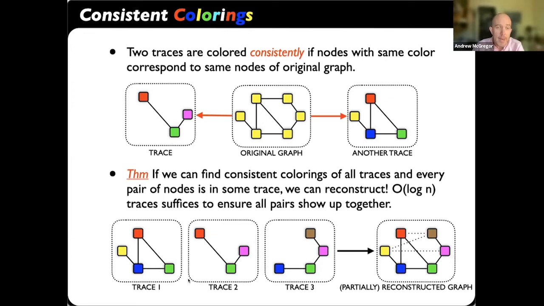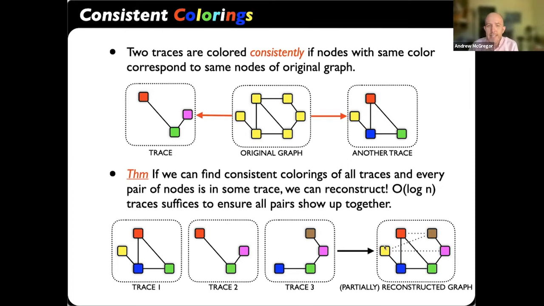Now from these three, I know there's an edge between the yellow and the blue node, the red and the blue node. I know there isn't an edge between the yellow and the green node. And so I can take all that information from these three traces in this case, and conclude that between some pairs of nodes there's no edge, and some pairs there is an edge.